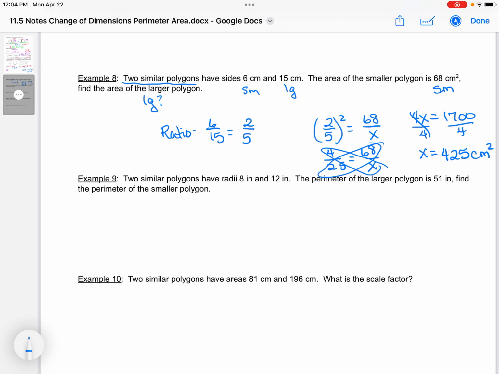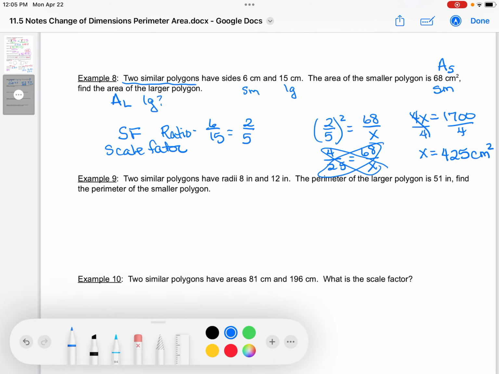Okay, so the way I did this in my notes was I called this scale factor. And I called this area small, and I was looking for area of large. So I used the small and the large to separate them. Okay.